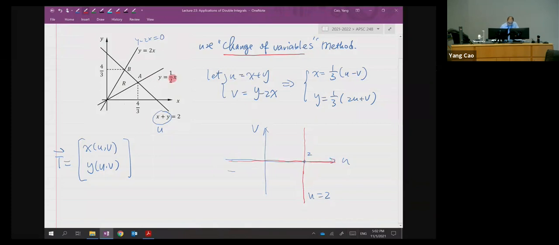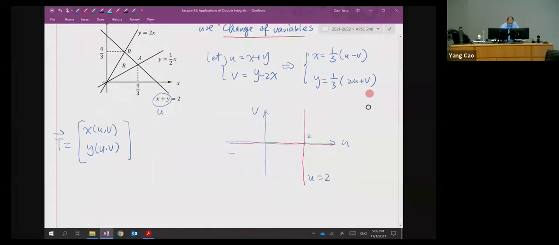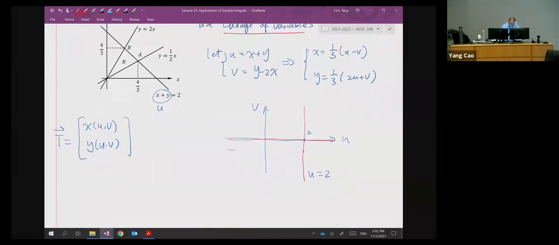So how about the last boundary, y equal to 1/2 x? We need to transform everything into u and v. You already obtained x and y in terms of u and v here. So we can substitute x with 1/3 (u minus v), and y with 1/3 times (2u plus v).